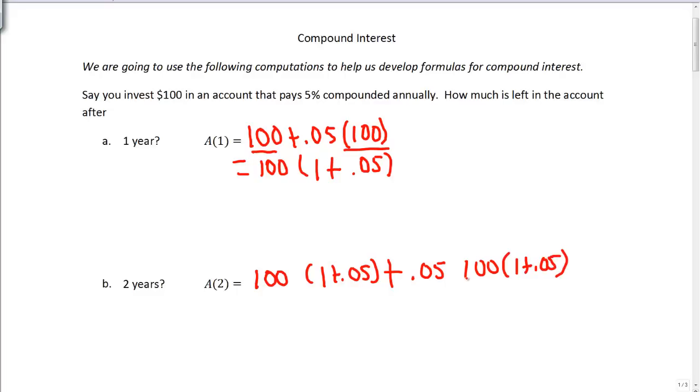Well, if you look at this, 100 times 1 plus 0.05 is a common factor of each term.